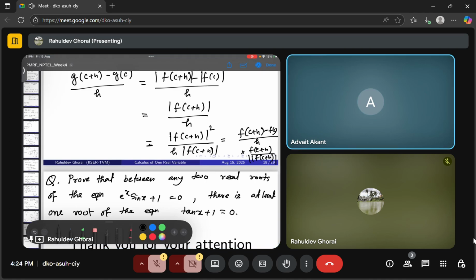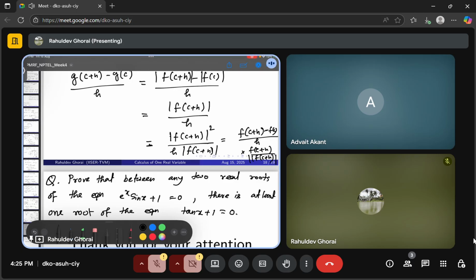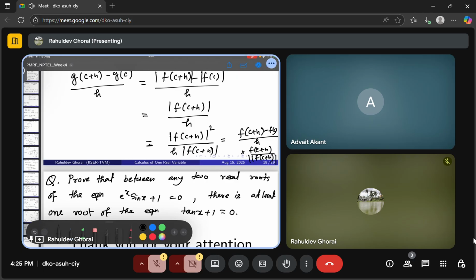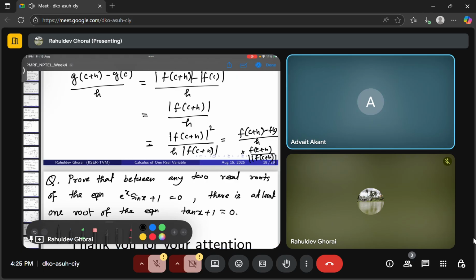Okay. Oh, I got it. The derivative of the function is e to the x sin x plus e to the x cos x.